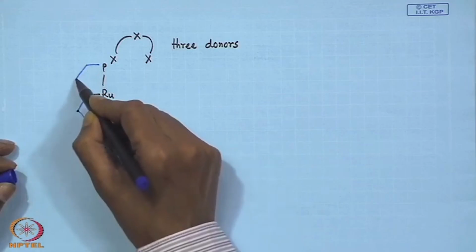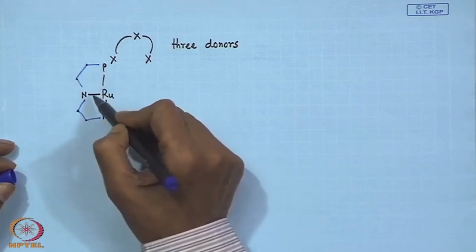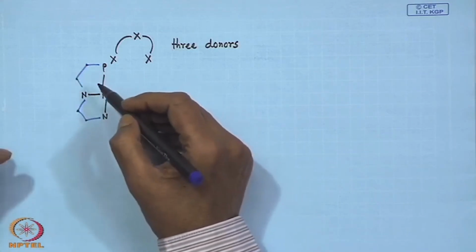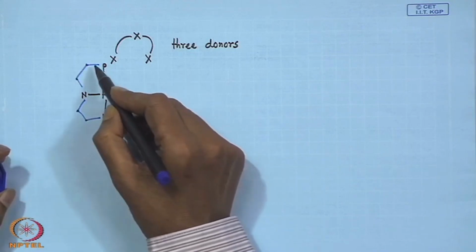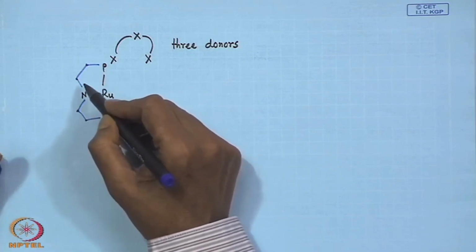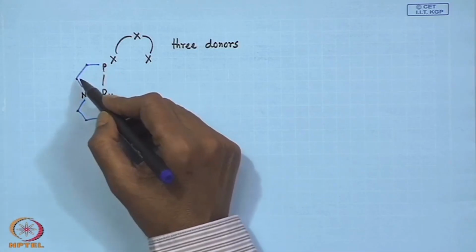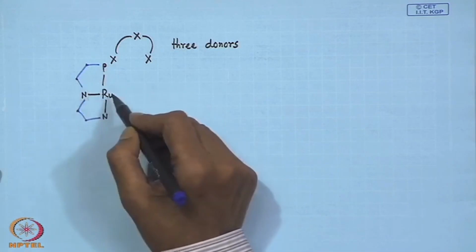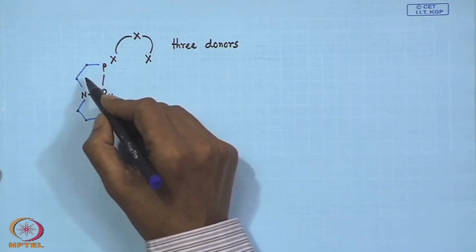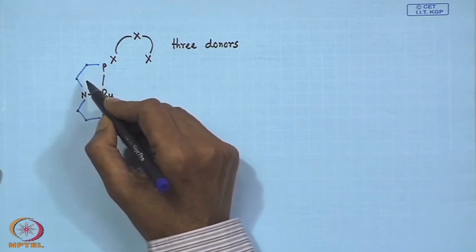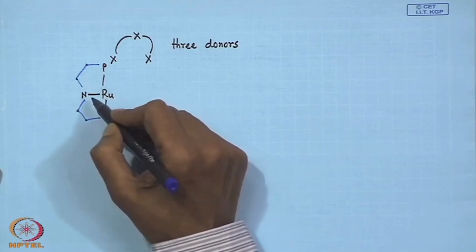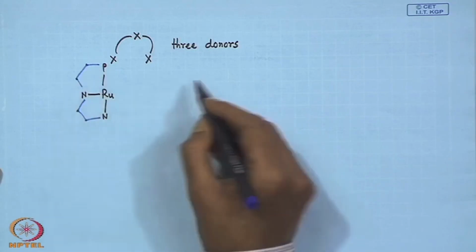So, 2 carbon spacers are more relaxed. So, what we get is this particular form, that means we have this phosphorus also and the 2 carbon spacer and this nitrogen. So, this is basically a 5-membered ring.